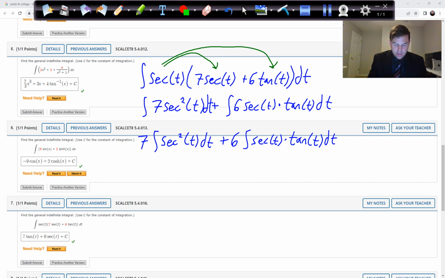So it turns out that the integral of secant squared t is tangent t, not arctangent like we saw before. This is regular tangent of t. And the antiderivative of secant t times tangent t, I have to look this one up, is secant t.